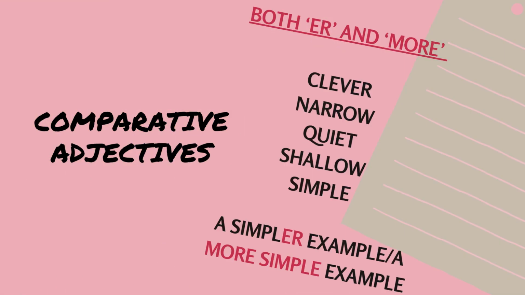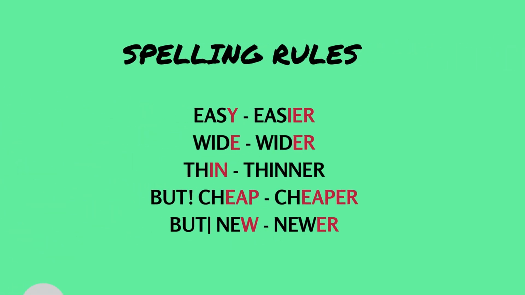Now let's continue with the spelling rules. As you can see, the first adjective is easy. When the adjective ends in the letter Y, this letter changes to I before the ending er. So you have easy, easier. You do not have this letter Y anymore.